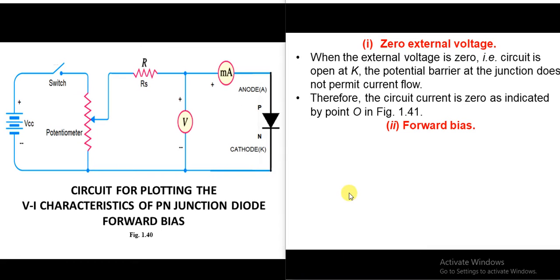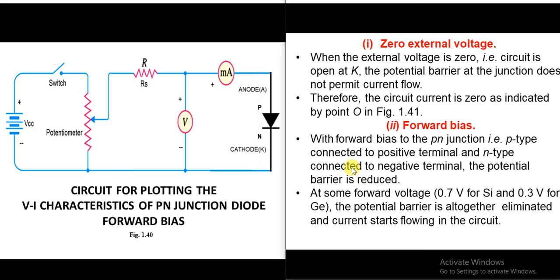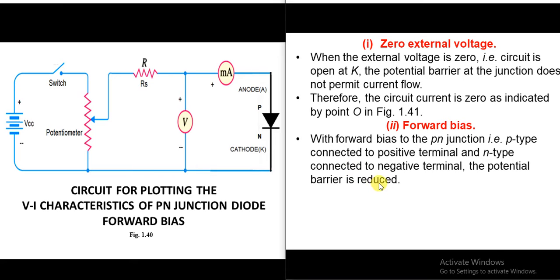Now the other condition is forward bias. This is the circuit for the forward bias and now we will discuss it. With the forward bias, P-type is connected to the positive terminal and N-type is connected to the negative terminal, so the barrier potential is reduced.